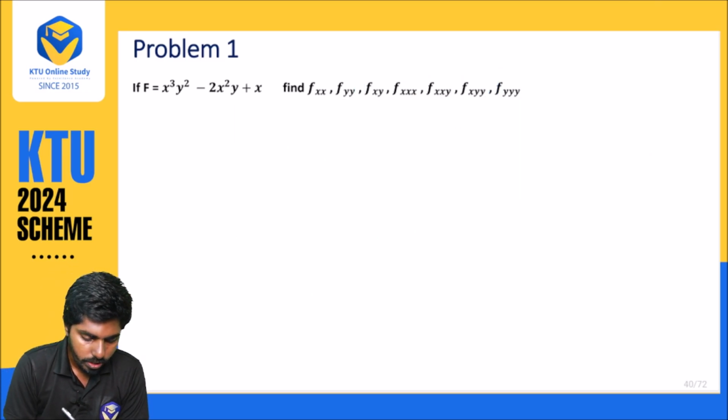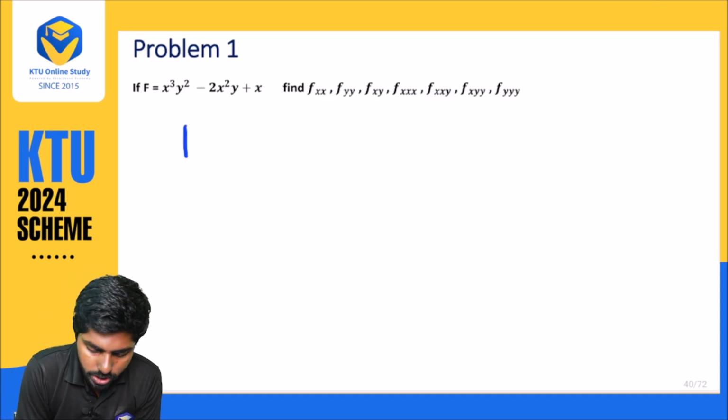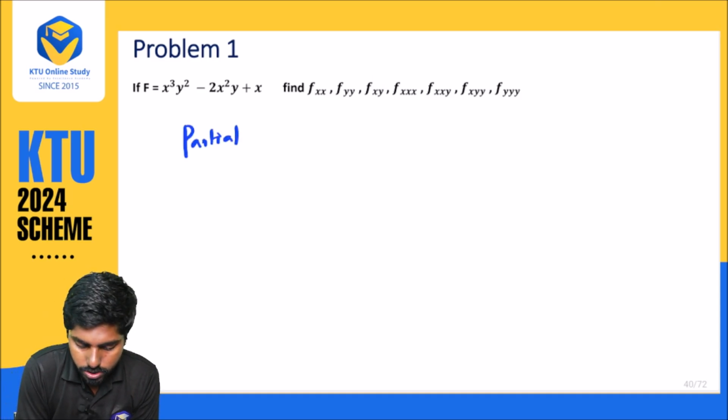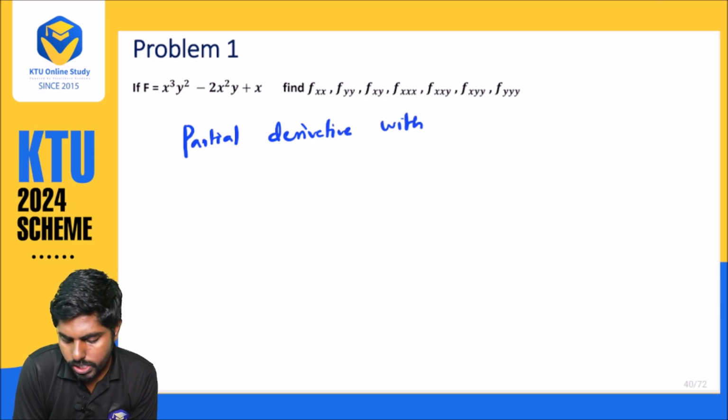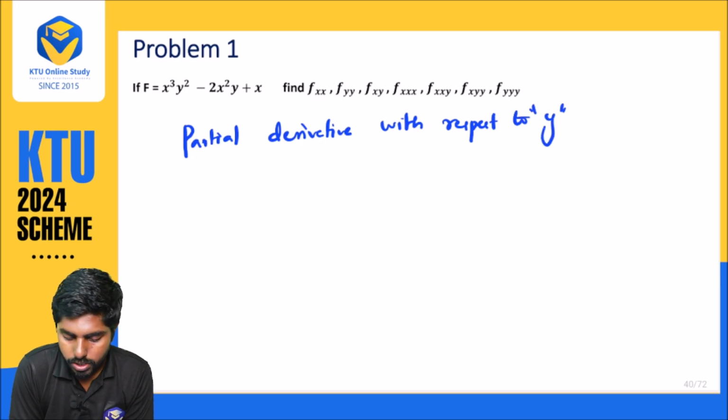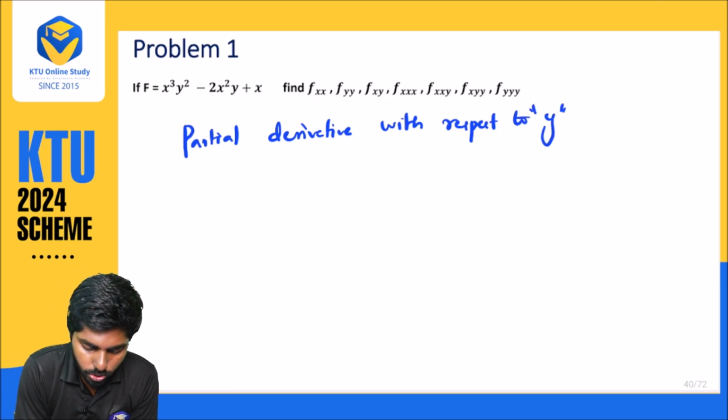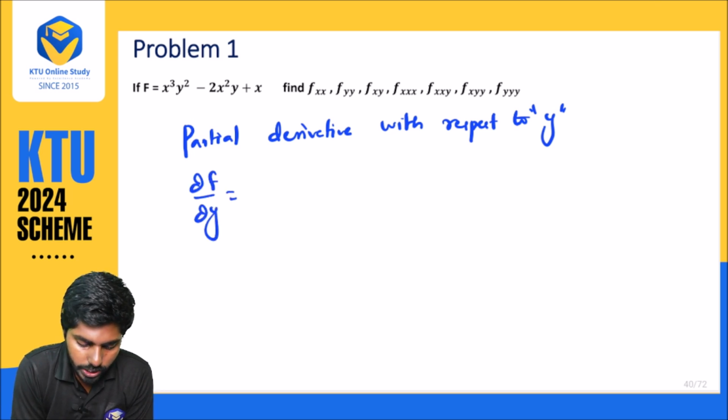Partial derivative with respect to y we are taking. So dou f by dou y, that is f of y.